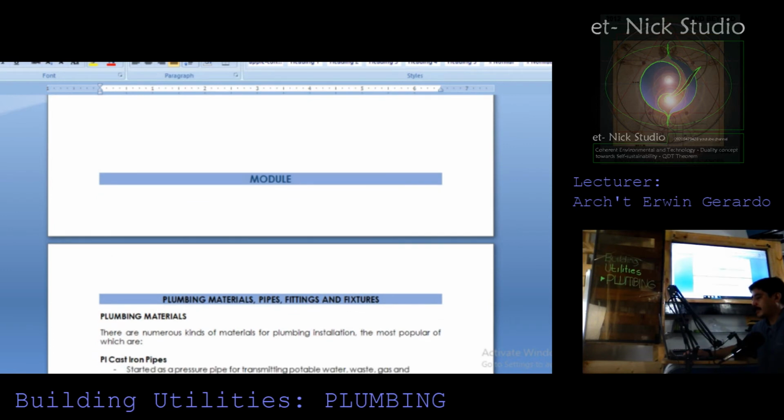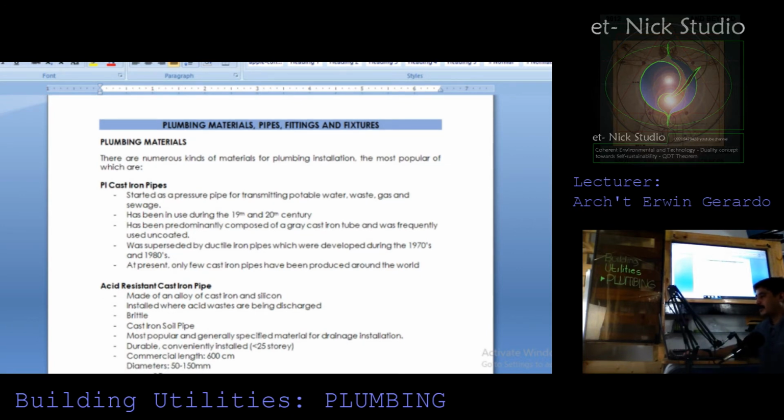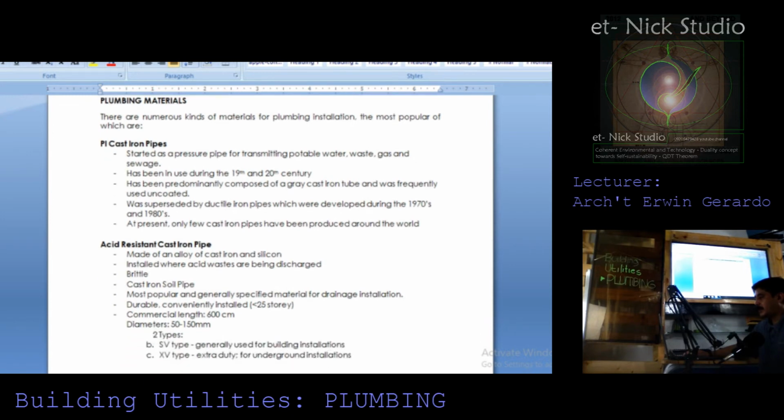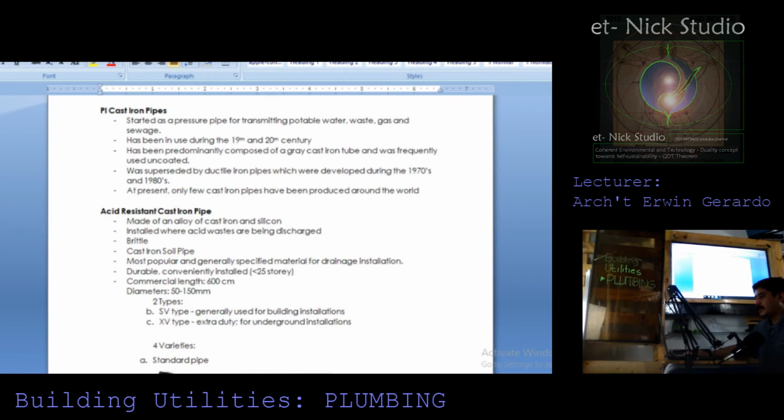So this module will discuss plumbing materials, pipes, fittings, and fixtures. Plumbing material: there are numerous kinds of materials for plumbing installation. The most popular of which are the cast iron pipe.